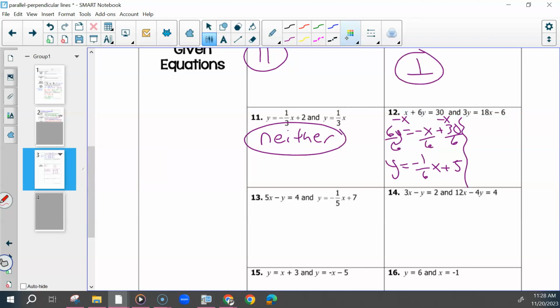Then for the second one, divide by 3. Sometimes your equations will be at different stages. So y equals 6x minus 2. Are these parallel, perpendicular, or neither? We have one's negative, one's positive, and this is the flipped version, so this is perpendicular.